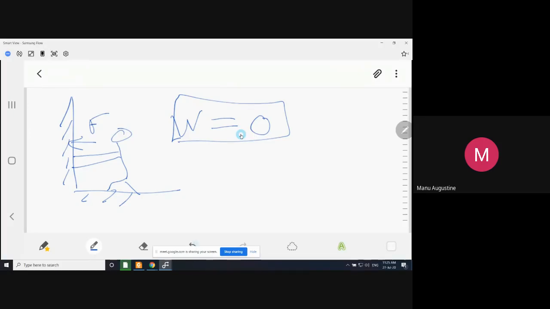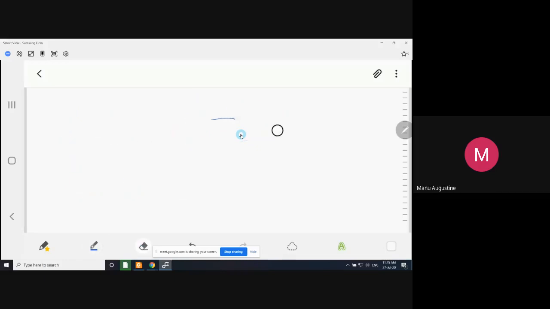Now let us check your concepts of force and work in another scenario. There is a person, a daredevil, rather we should say, who goes in front of a car and tries to push the car.